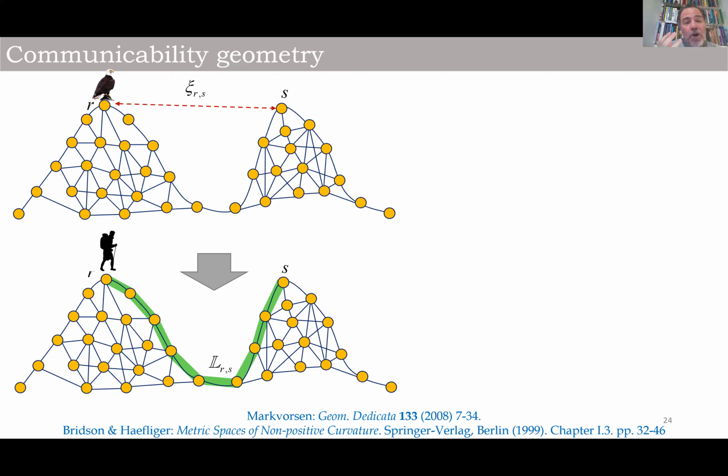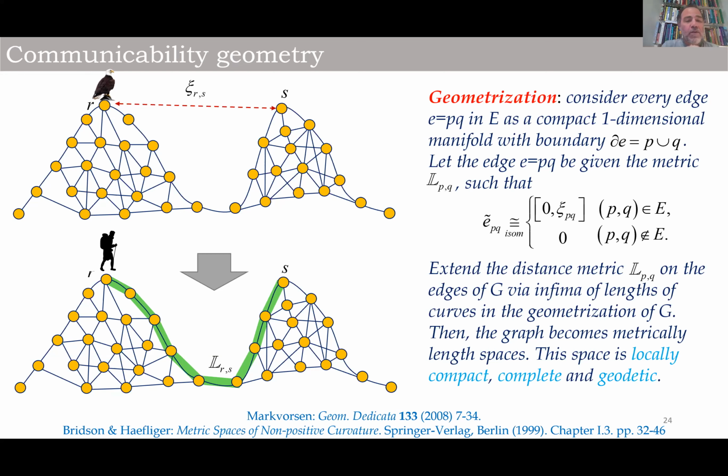So I need a geometrization of this network in order to compute the geodesics in terms of communicability distance that exists in this particular network. And we do this through the geometrization process of the graph. So we simply consider that every edge here is a compact one-dimensional manifold with a boundary given by the union of the two corresponding vertices.